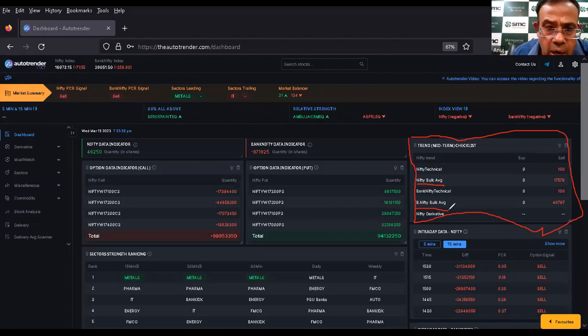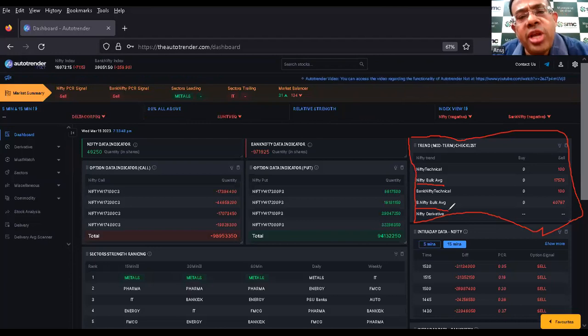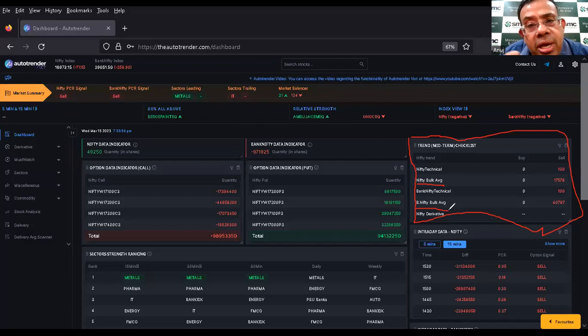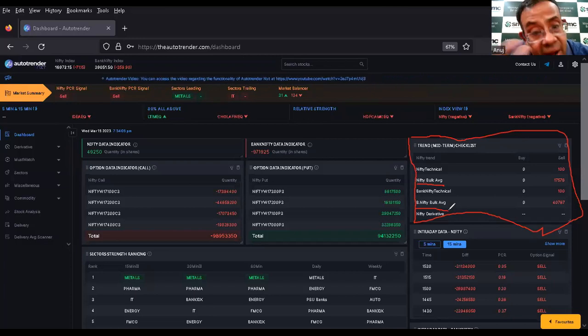So to trade in the market, you need three things. One is your market trend. Market trend comprises three basic questions. One is whether the present trend will continue the same way. The second, it may reverse, or third, it may consolidate a bit.